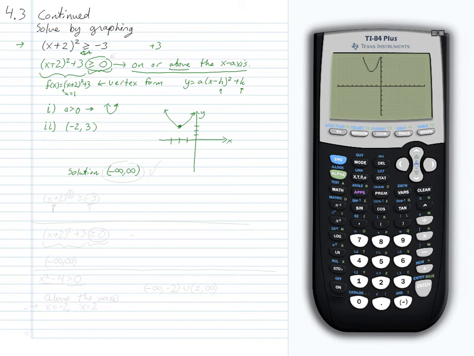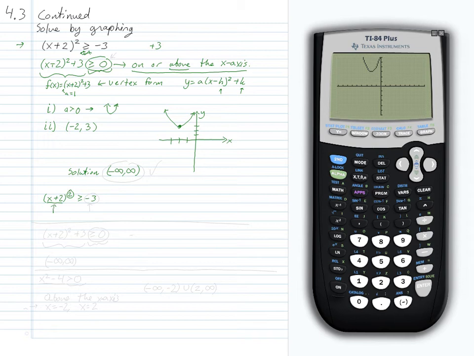Another way of thinking of this, going back to where we started, x plus 2 squared is greater than or equal to -3. Well, if I plug something in for x, I'm going to add 2 to it and then square the result. So no matter what is inside of these parentheses, when we square it, the result is going to be positive, or at least non-negative.